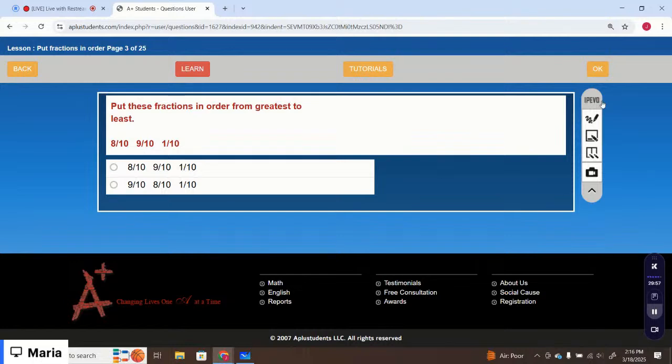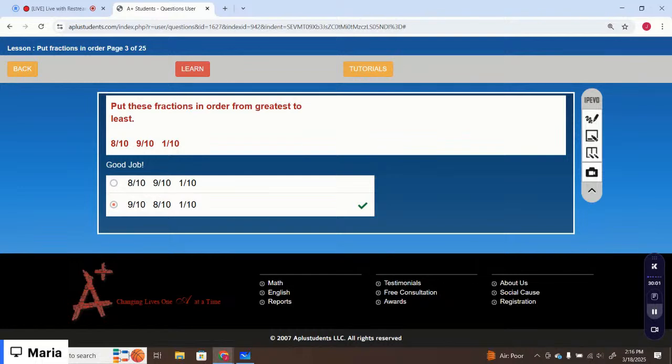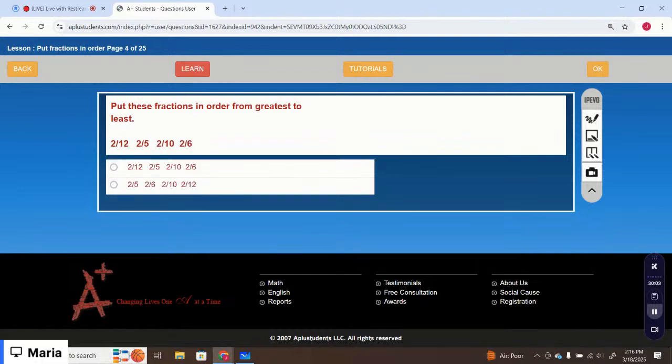That is 9 by 10, 8 by 10, and 1 by 10. Option number 2 is the correct option. Put these fractions in order from greatest to least.